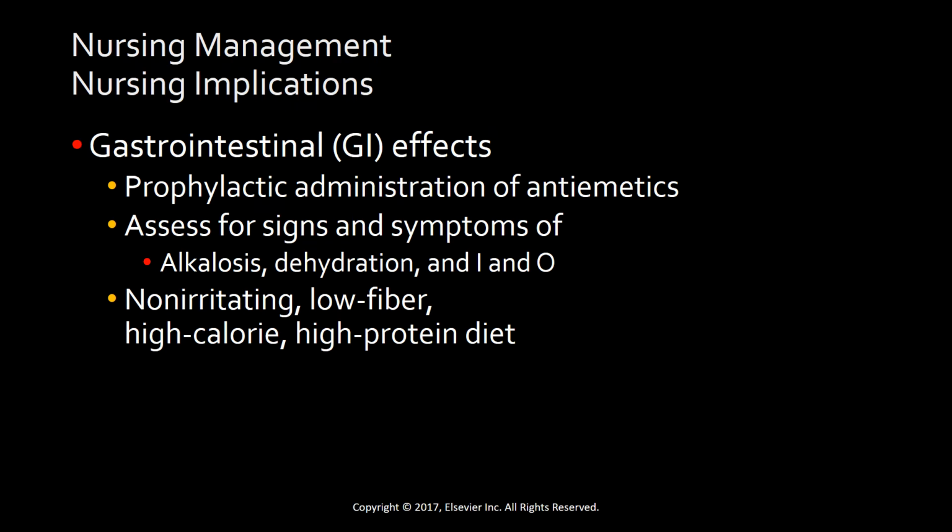Okay, so with GI effects or gastrointestinal effects, the cells of the mucosal lining of the GI tract are highly proliferative, okay? Proliferation means the cells grow by rapid production of new parts, cells, or offspring. So overall, what that means is that the cells in the mucosal lining reproduce very quickly, okay?